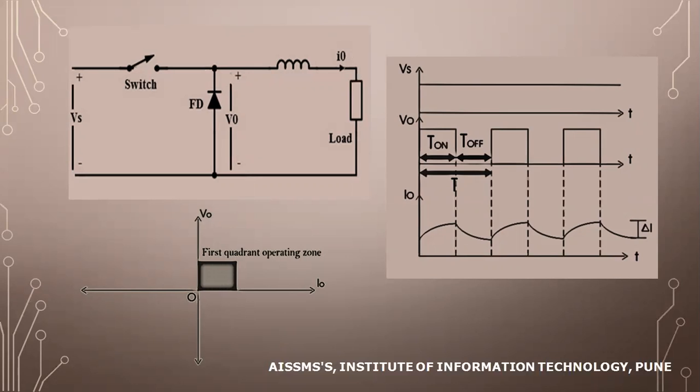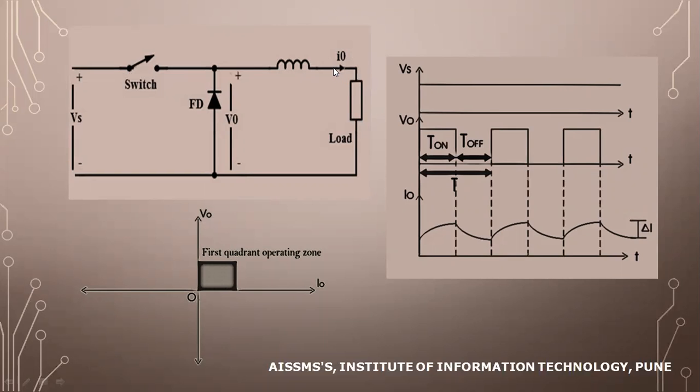The circuit diagram of first quadrant chopper or type A chopper is shown here. The power semiconductor device which is used as a chopper is indicated as a switch in this circuit. Whenever this switch is on, this will connect a load to the source, and with this a current starts flowing from source towards the load.